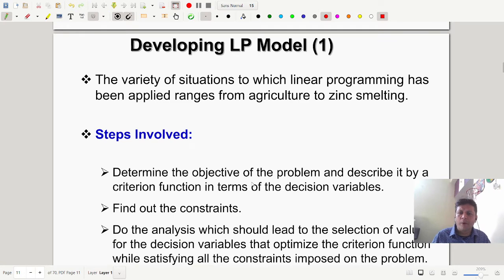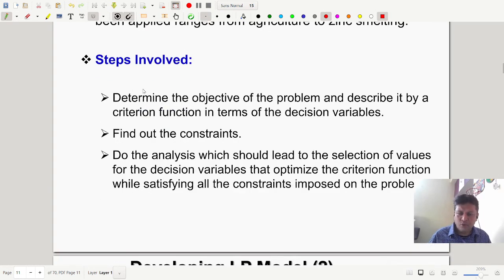So now I will talk about how to develop a LP model. The variety of situations to which linear programming has been applied ranges from agriculture to zinc smelting. So what are the steps? Number one, determine the objective of the problem and describe it by criterion function in terms of the decision variables.